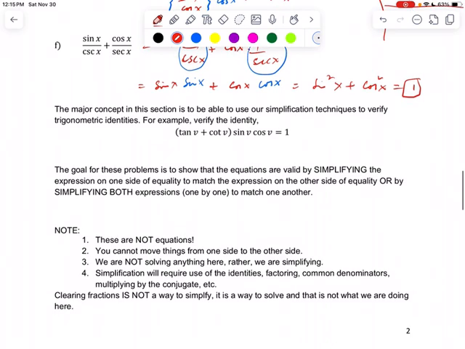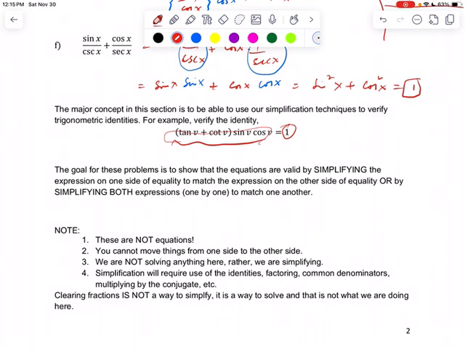So, for example, here you have one identity. This is looking like whatever, and then on the right side we have 1. So it means this, whatever this gibberish is, is equal to 1. We have to show that this is equal to 1.